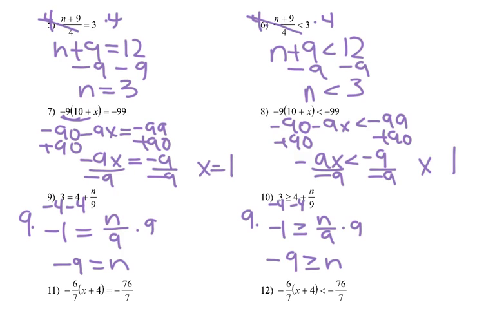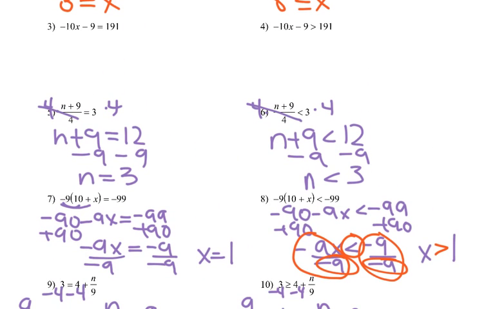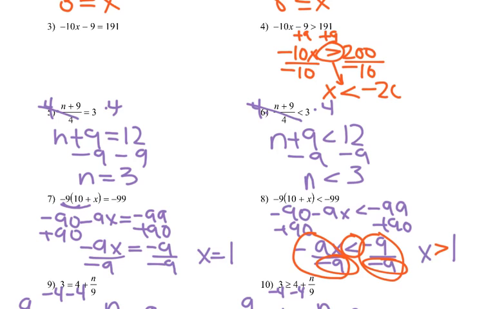Okay, now we should also notice number 8 we didn't finish, right? Because when we divide by negative numbers, so this negative 9 right here, we actually have to flip the inequality. Okay, so if I go back up to number 4, and I solve this one, again, because I'm dividing by a negative number, the inequality here has to go the opposite direction.